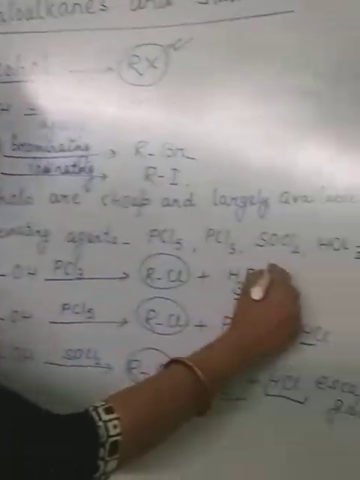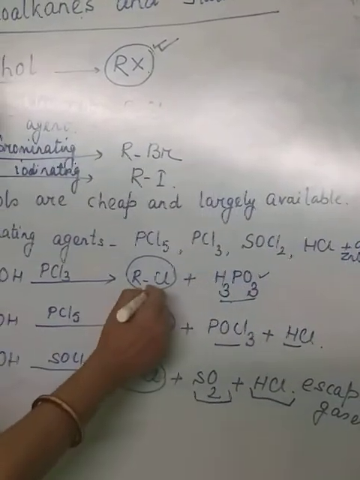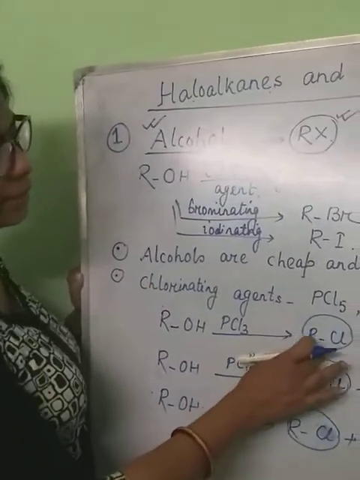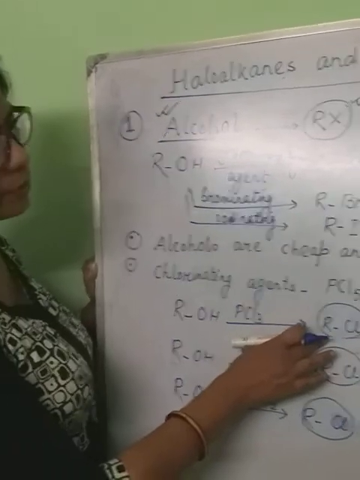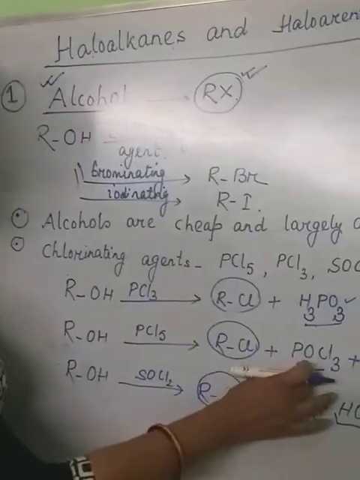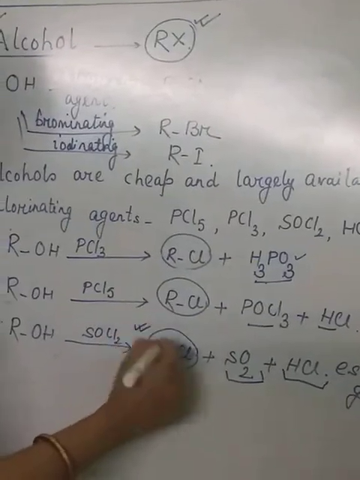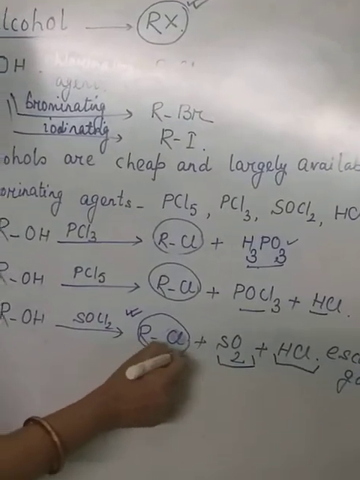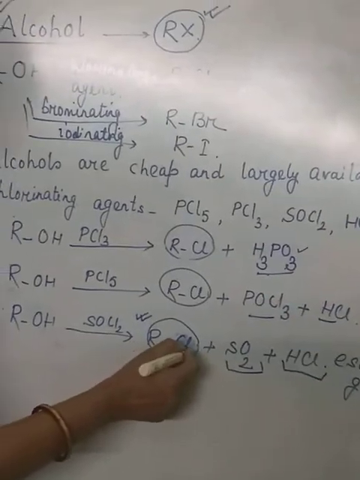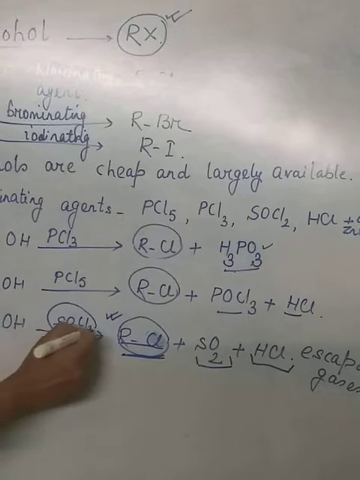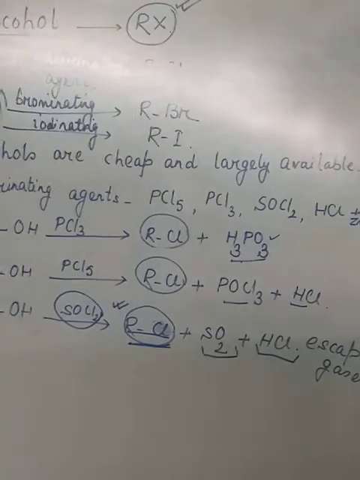Unlike that, this is liquid, so here we are getting a contamination of two liquids, a mixture of two liquids, and then we have to separate. So it's evident that the yield of this product will be less. Here also this is in liquid state, so it's evident that we are getting the maximum pure product or good yield of RCl when we are using SOCl2 as the chlorinating agent.